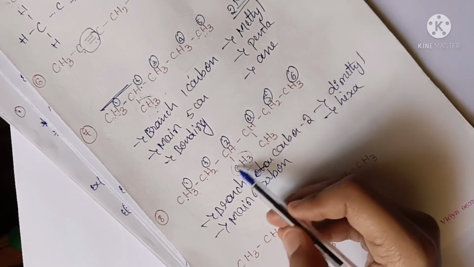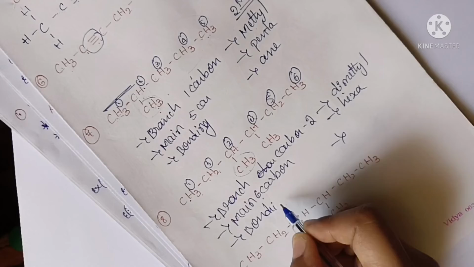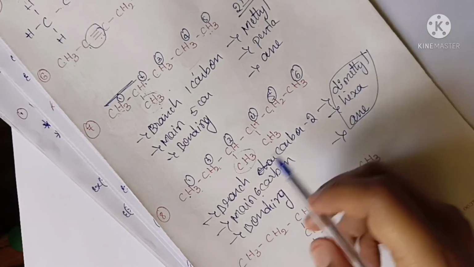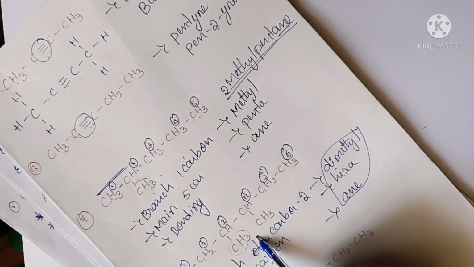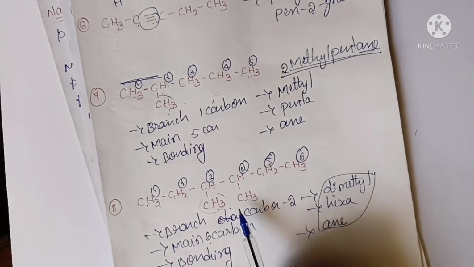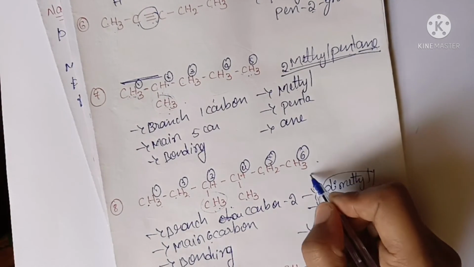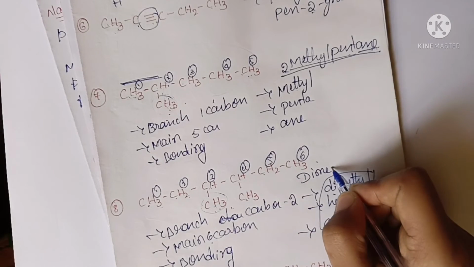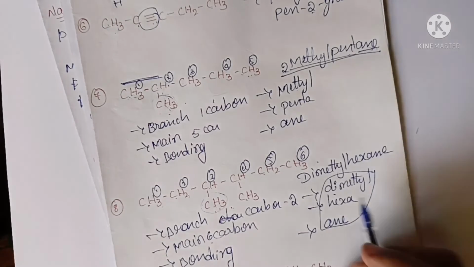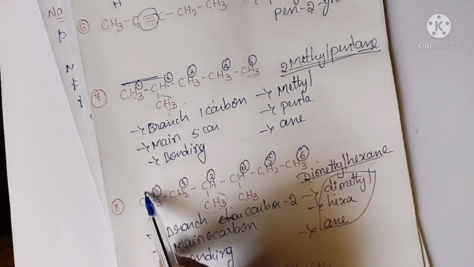Here we have a single bond, so "ane". By combining these three we get the name: dimethylhexane. This is how dimethylhexane is.